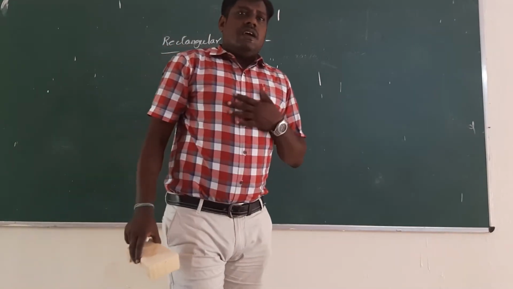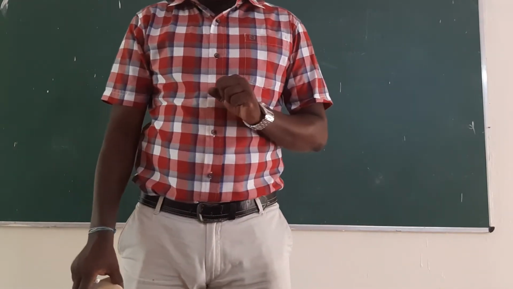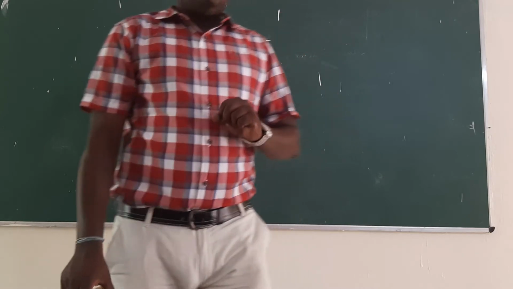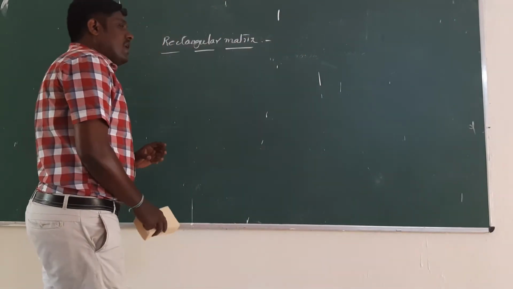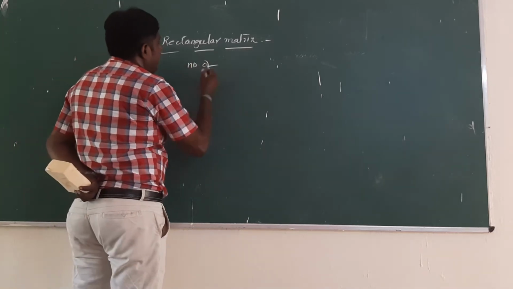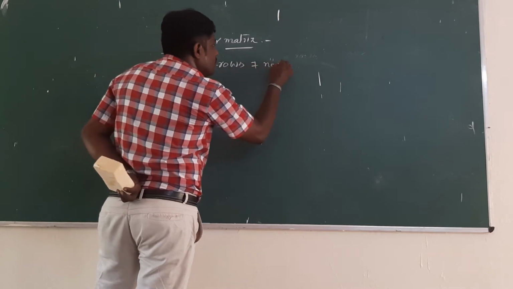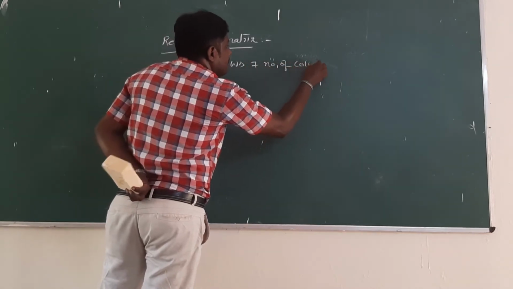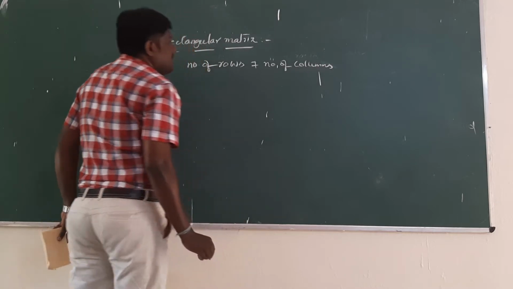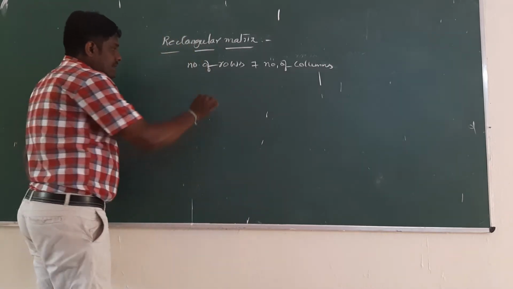A rectangular matrix is one in which the number of rows is not equal to the number of columns. This type of matrix is called a rectangular matrix.